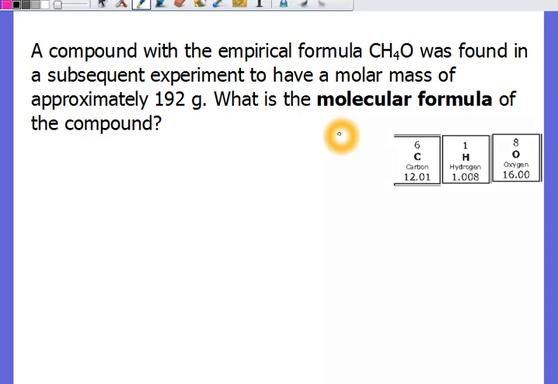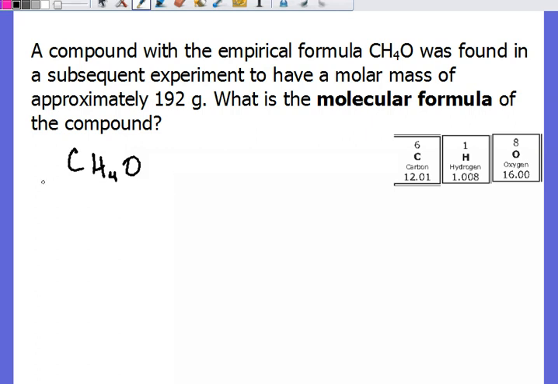The next question on here, you're also given an empirical formula, CH4O. That's telling you the empirical formula has already been reduced, so that's it in its simplest form of ratios of those elements. And then you're given that the actual molecular formula's molar mass is 192 grams per mole.